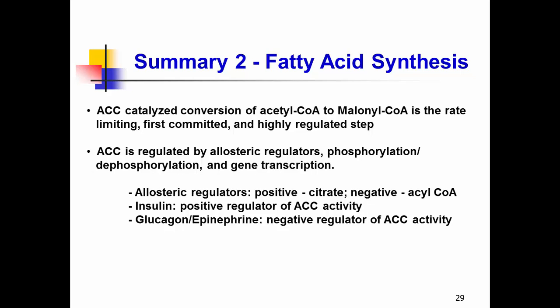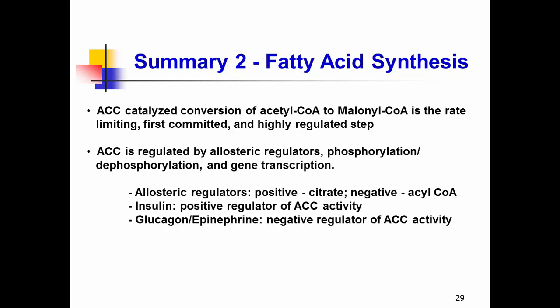What are the 2 important allosteric regulators of ACC? Citrate and long-chain acyl-CoA, right? And the second level of regulation, hormones, right? Which are the 2 important hormones? Glucagon and insulin.